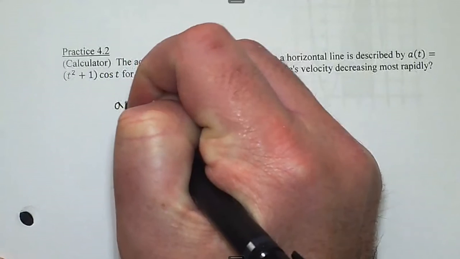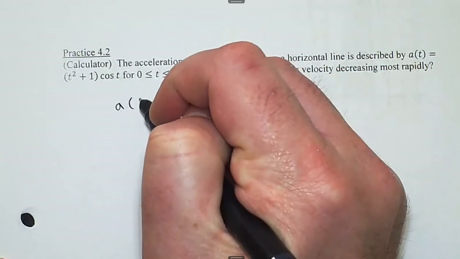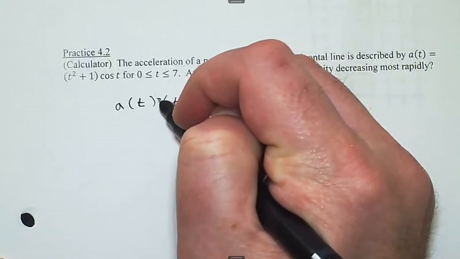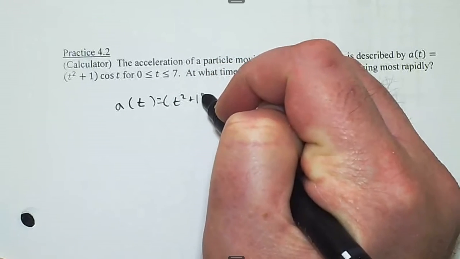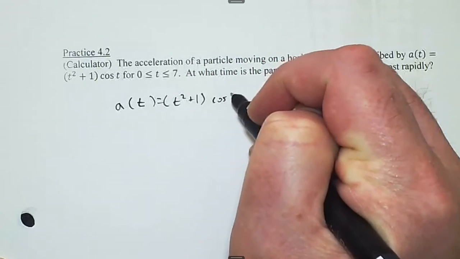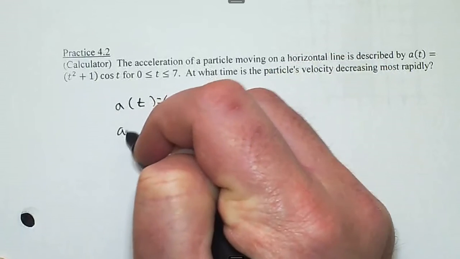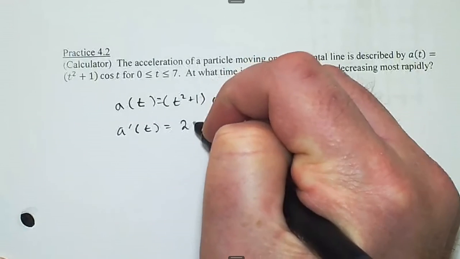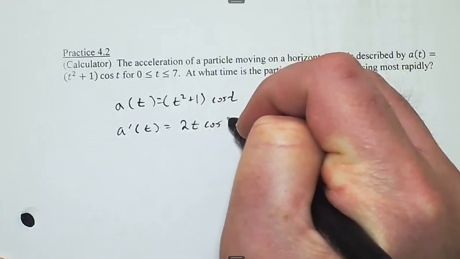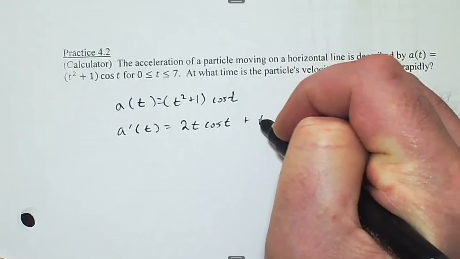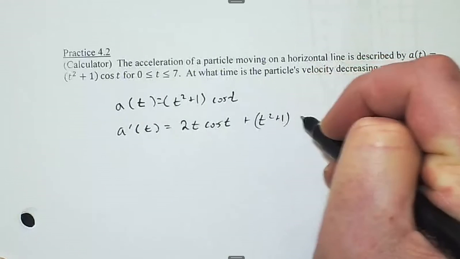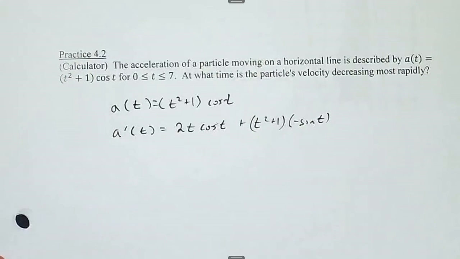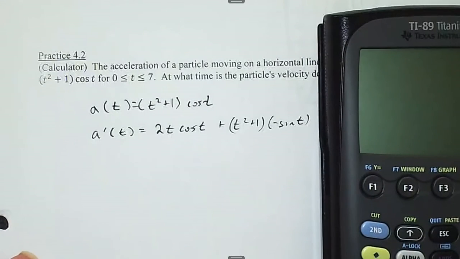So I'm trying to find the minimum acceleration. So what I need is the derivative of acceleration. So derivative of the first times the second plus the first times derivative of the second. And again, we could also ask our calculator to do that since it's a calculator question.